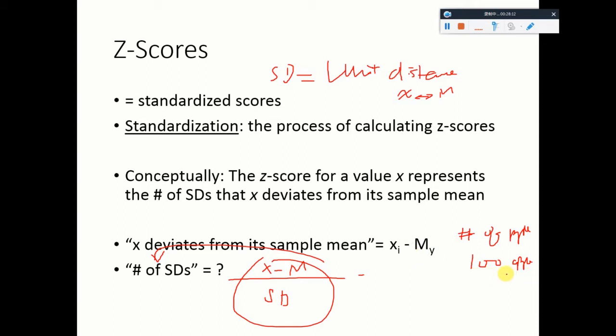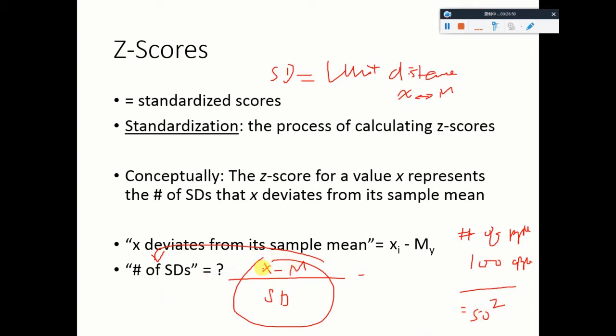And we also know that each person in this room will have 2 apples. Analogously, we know the unit distance, that is, we know what standard deviation is. Then it's very simple to find out how many people we have. If we have 100 apples in total, and each person has 2 apples, then we should have 50 people.